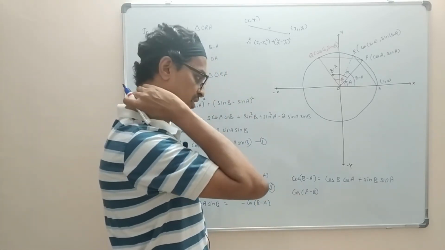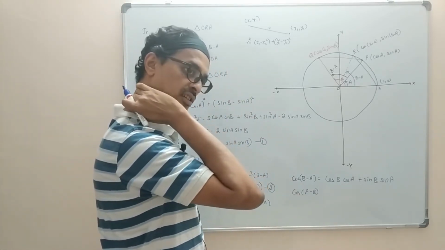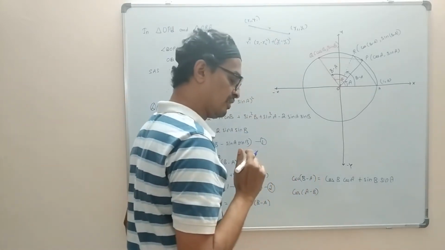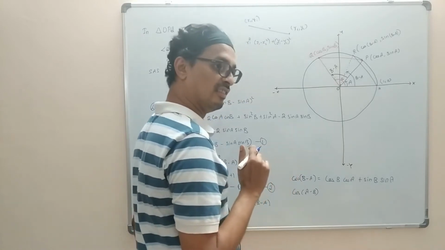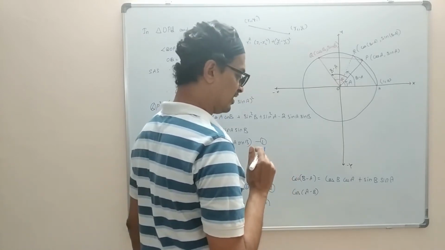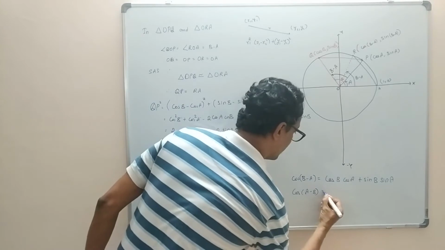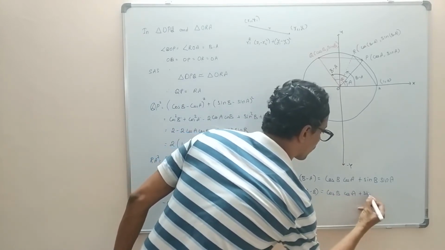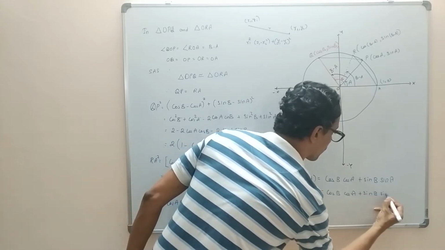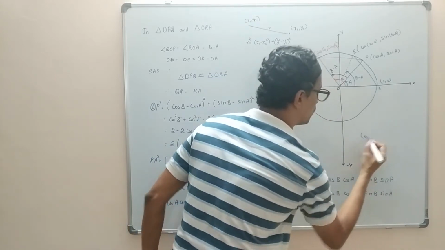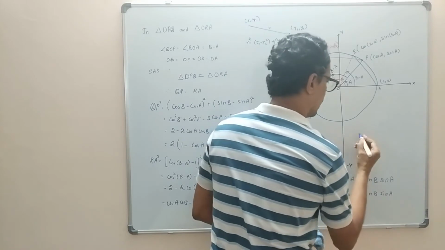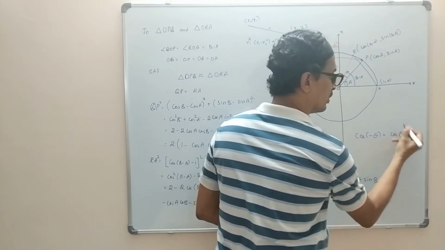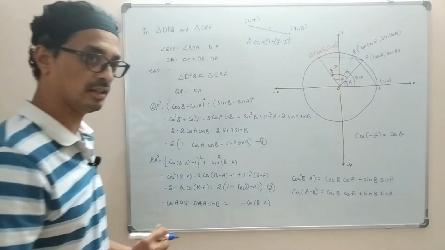the same thing, sin b sin a like that. Why? Cos of minus theta equal to what? Cos of minus theta equals cos theta, the same thing.